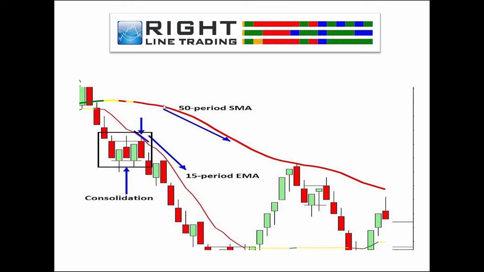When we have this, we know that the application of institutional money is present. There's a defined downtrend in our, say this is our higher time frame, and this is our second higher time frame. And this is when we're going to take a look for a short entry on our trade.